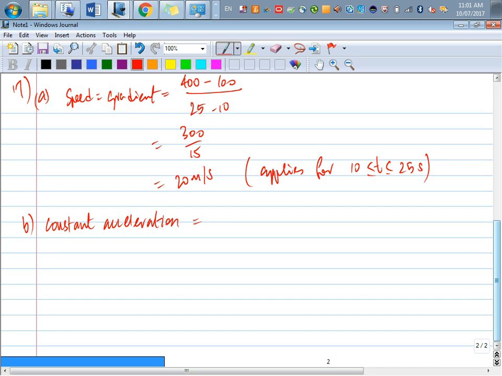I'm asking for acceleration. Wrong. Does it ring a bell to you? Or is this the first time you are hearing it? Okay, so final speed minus initial speed over time taken.